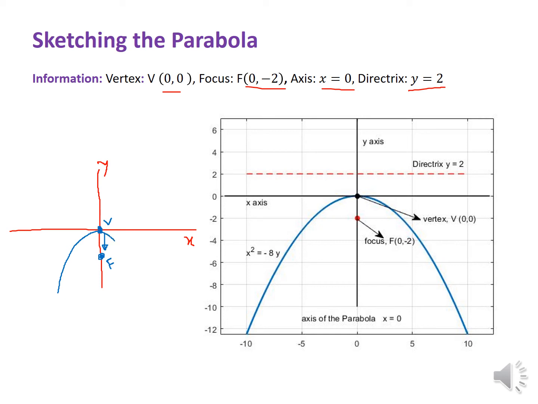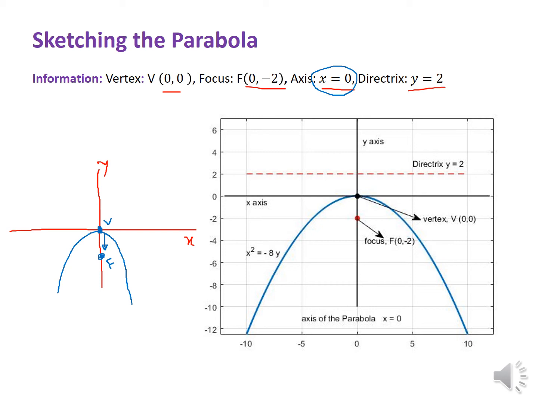We can draw the parabola like this, and it opens downward. Now we know that the vertex and focus are on the same line, and this line is known as the axis of the parabola. So the axis of the parabola is the y-axis. Again from here we can see that x is equal to 0, which implies the y-axis.